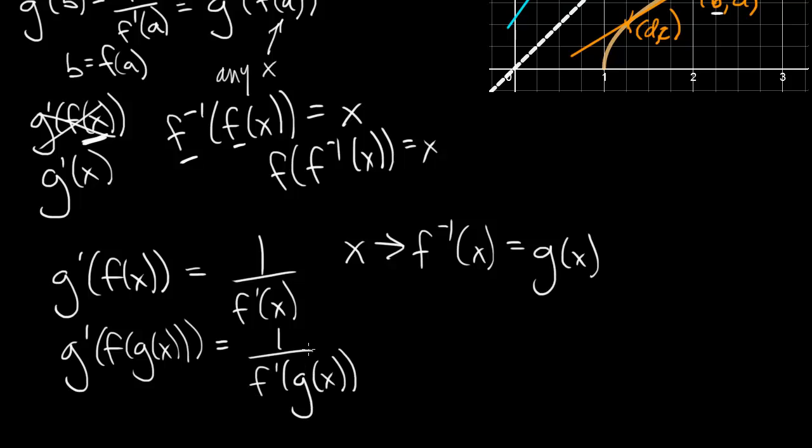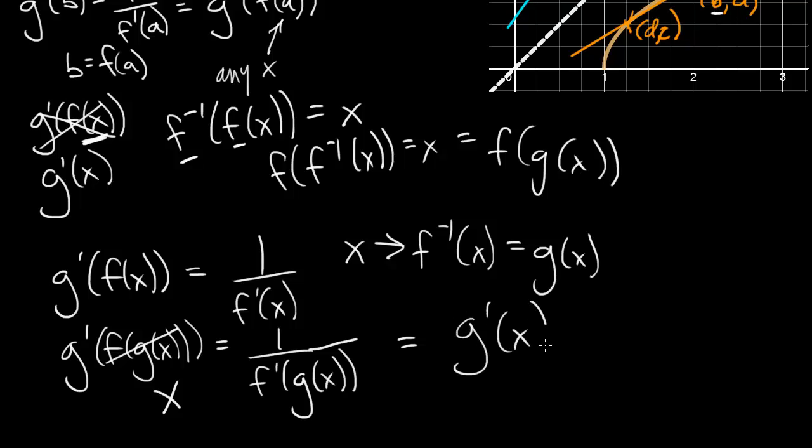So we substituted g of x into x, wherever that was. But this, of course, is f of g of x, which is x. And that means that 1 over f prime of g of x is g prime of x.